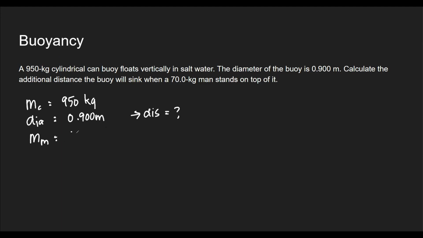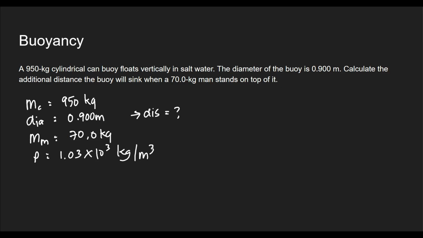The man, 70.0 kg, on top of it. We know that the density of seawater is given as rho, 1.03 times 10 cubed kg per cubic meter. Now we have the diameter, we can also have the radius, and we can see that nothing must be converted here.